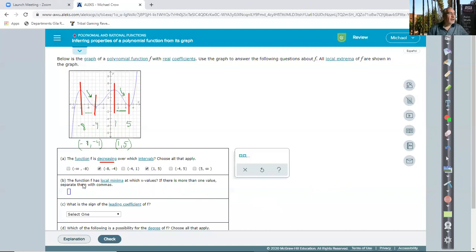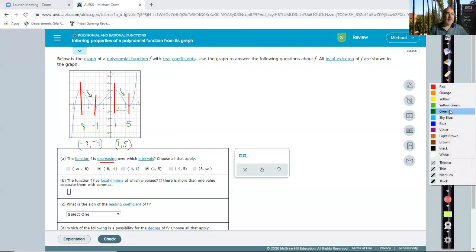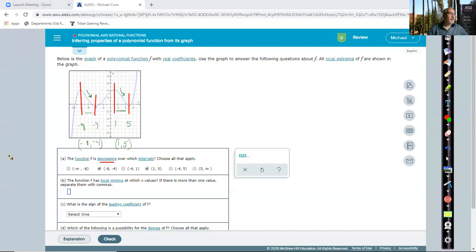Now the next question asks where the function has a local minima. Minima is minimum, the low points. So that's what we're looking for. And so we're looking at points like this. This is a minimum point. And here's another minimum point.